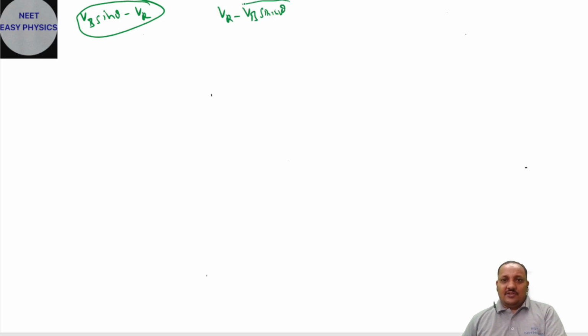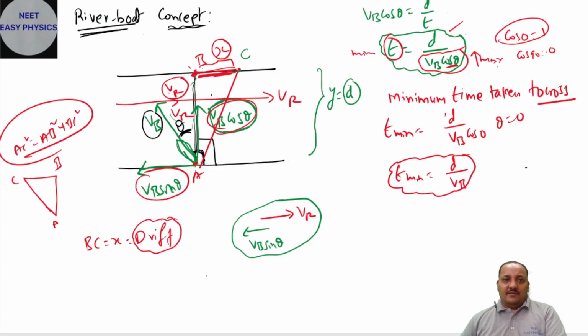This is a small confusion some people may have. We will clarify. If VB sin theta is more, then the boat will not go to C. It will go in this direction. Here, the river velocity is more, therefore the river is going to bring it up to C. Therefore, we have to take VR minus VB sin theta.